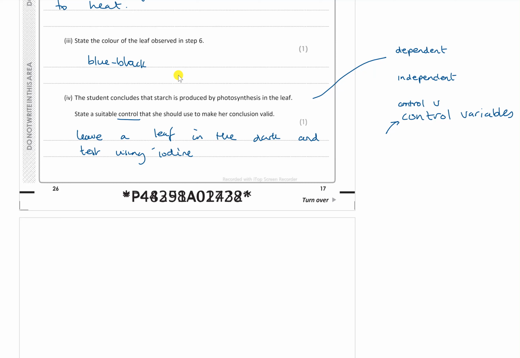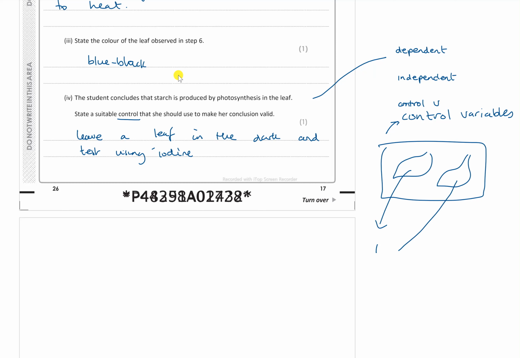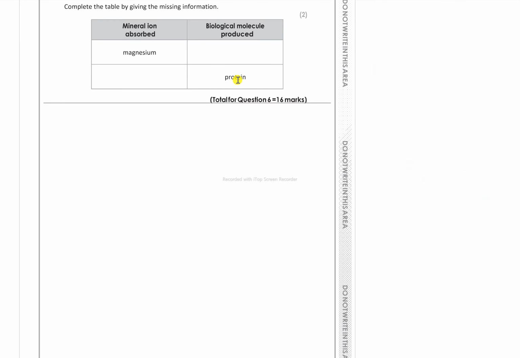So what you could do is you could have two leaves in the dark for 24 hours, and then you take this out, put it in the light, and then test it with iodine and see what happens. Right.